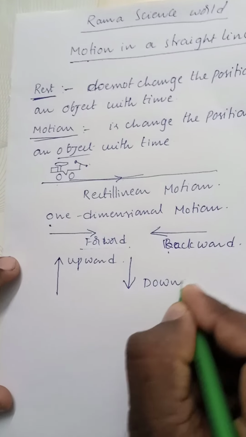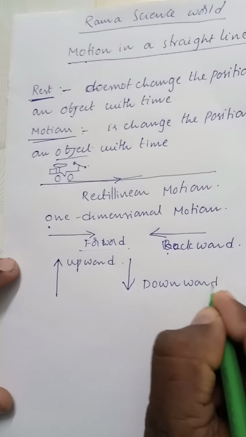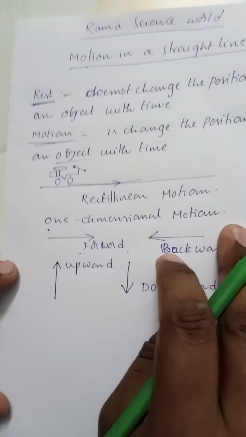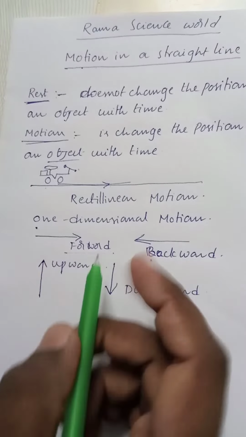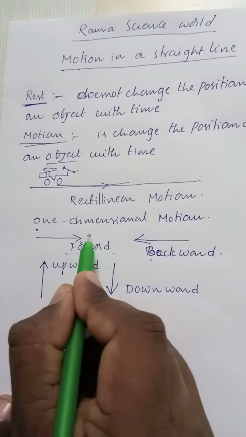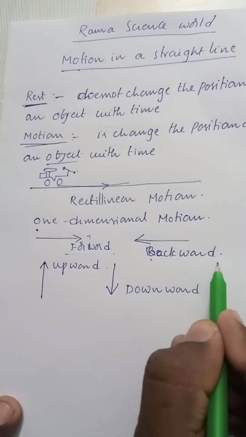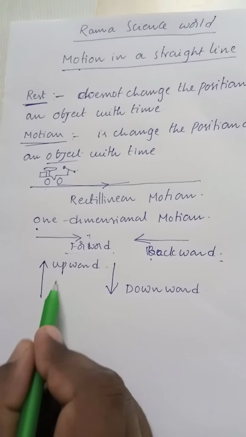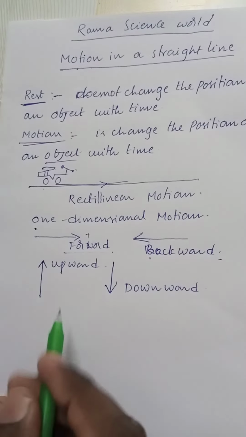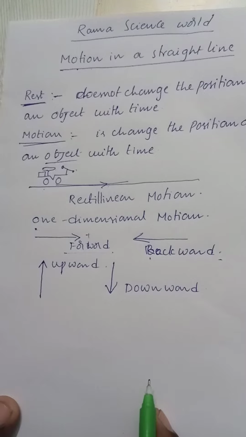That motion is called one dimensional motion. For the forward direction we take the value positive, for the backward direction negative. For the upward direction we take positive, and for the downward direction negative.